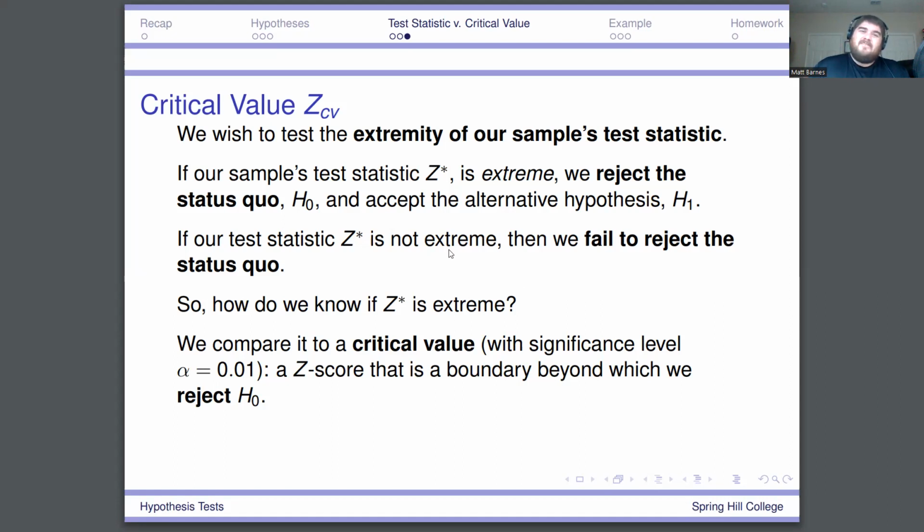But for now, we're going to simplify it a little bit. So we're just going to assume a significance level of 1% or 0.01. And what this means is we're going to fail to reject our H naught unless there's less than a 1% chance that we got the sample we did given that the p value we're being told is correct.